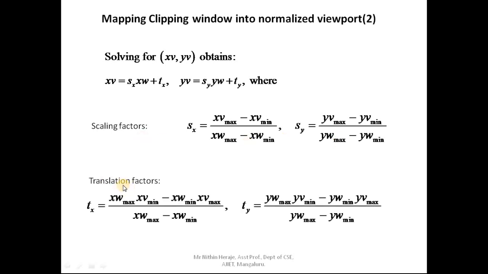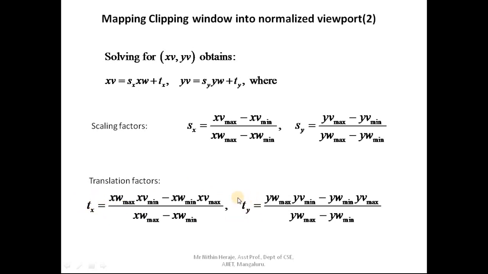Next are the translation factors. To find the translation factors, this is the formula: tx equals xw max into xv min minus xw min into xv max, divided by xw max minus xw min. So this is the formula to find the translation factor with respect to x.